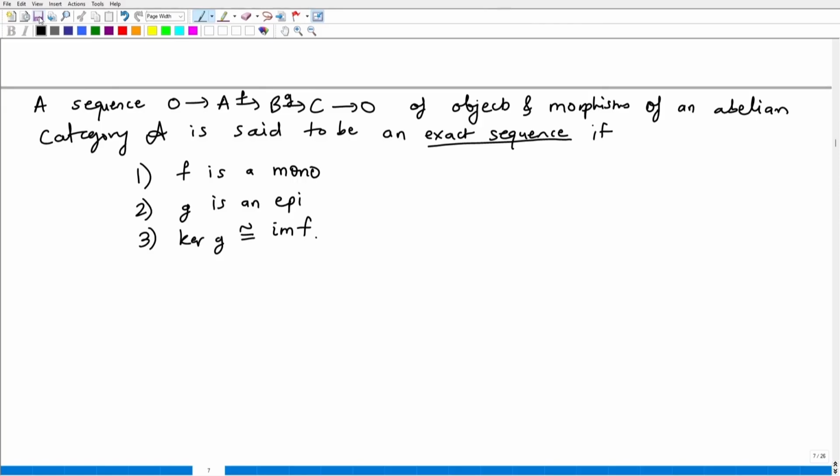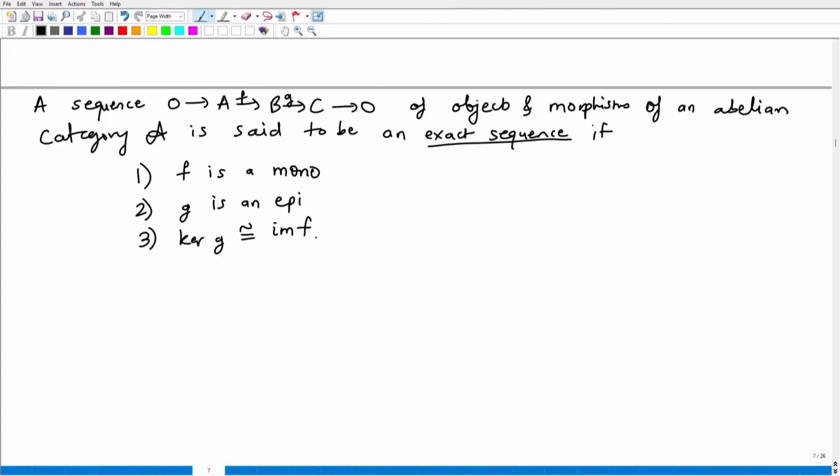Now let us verify that at every internal object in this sequence, we are asking for exactly the same condition. What is the image of this 0 morphism from 0 to A? It is 0. And then F is a mono, which means the kernel of F is also 0. Similarly, at C, look at the image of G. Because G is an epi, it is C. And what is the kernel of the next morphism C to 0?